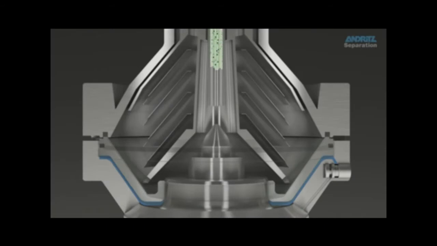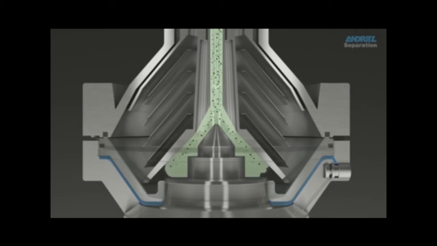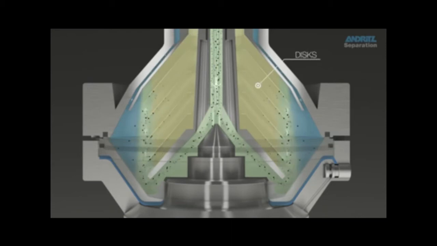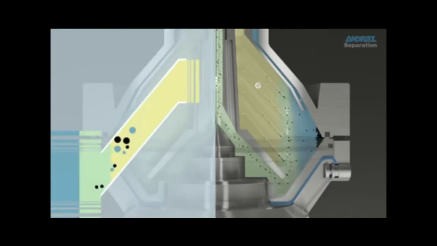The untreated oil is introduced to the rotating centrifuge bowl from the top, and is accelerated in a distributor before entering the disc stack. It is between the discs that the separation of the two liquid phases, and the solids takes place.